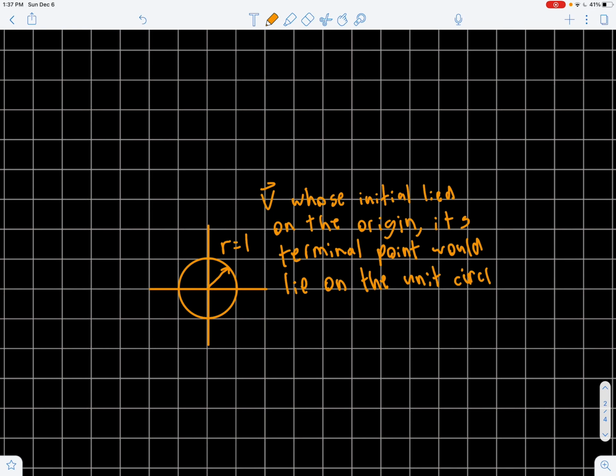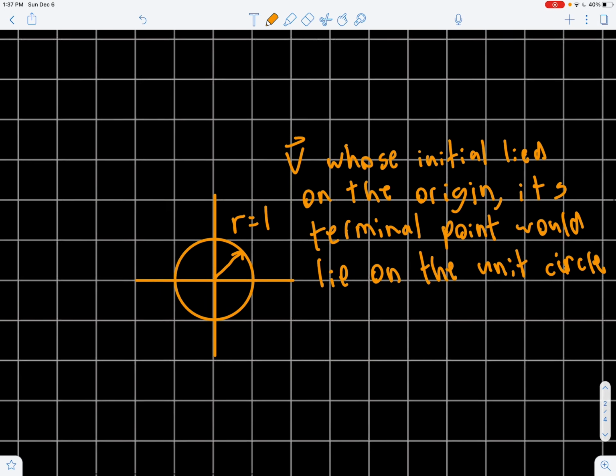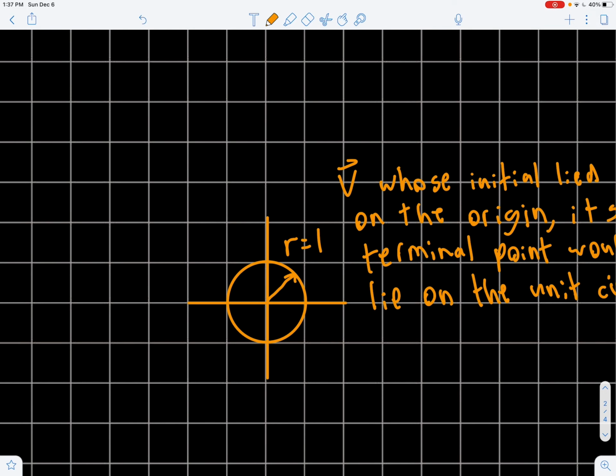That is a way to think about it. It's a cool way to think about it. It's also a dumb way to think about it.